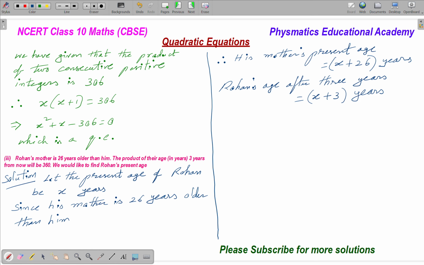The second condition, his mother's age after 3 years, is equal to x plus 26 plus 3, that is x plus 29 years.